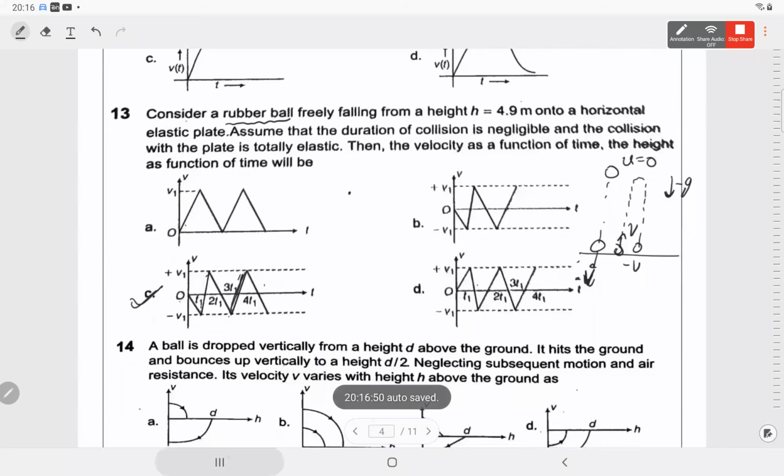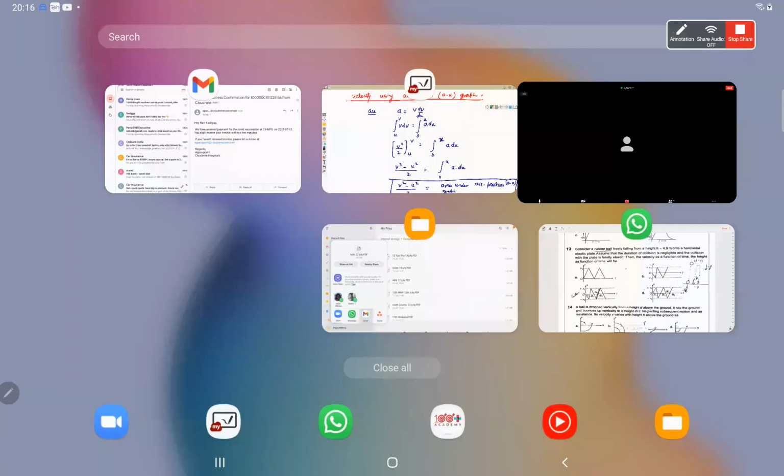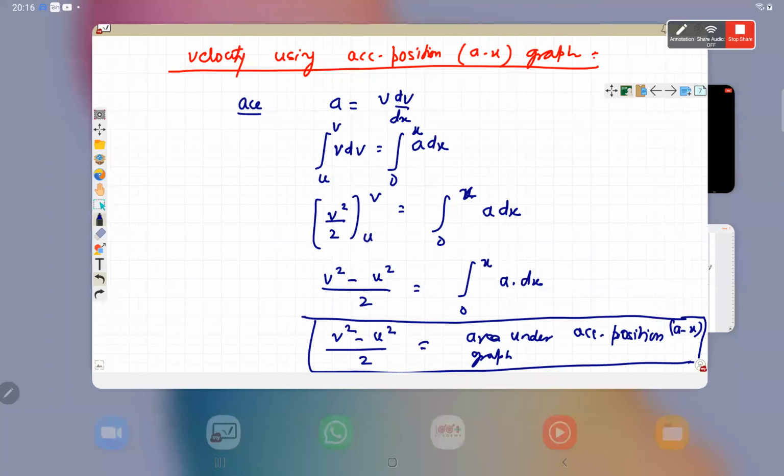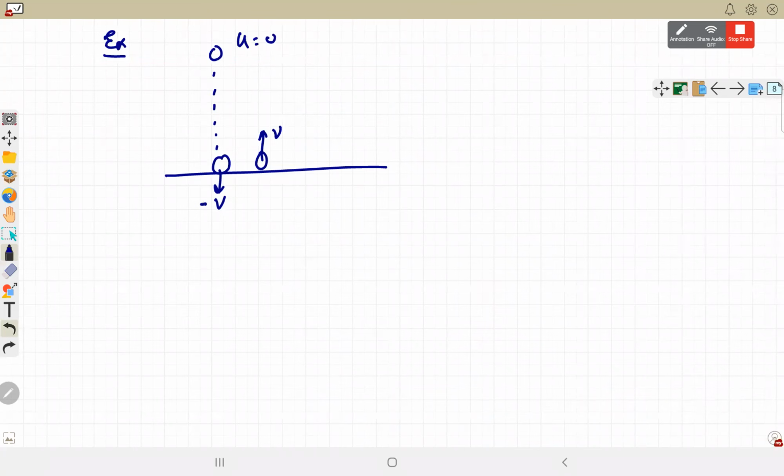Answer will be C. Now I was saying that if this were the question and not a rubber ball, but some steel ball or metal ball, and we have dropped it from some height, it collides with the floor perfectly elastically, meaning it returns with the same speed it came with. So initially it is going with velocity minus v, and just after collision it becomes plus v. Then it goes up, comes back with velocity minus v.